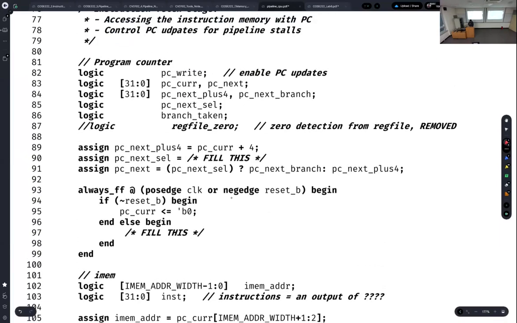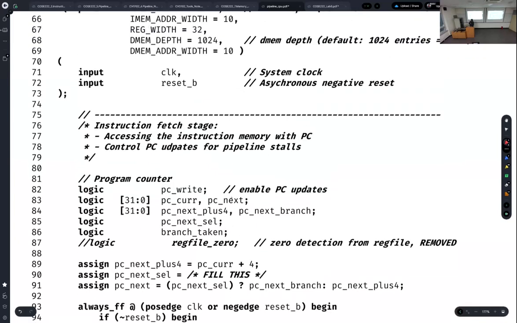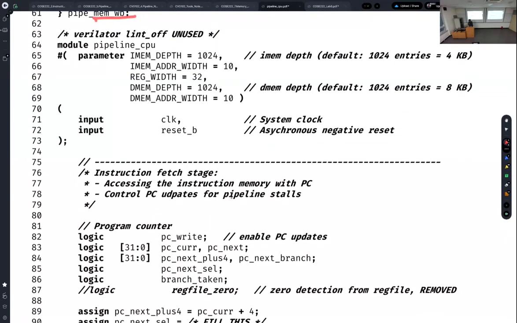If you see this module, you don't need to change other modules. For this lab assignment, you need to change only the pipelined CPU module.